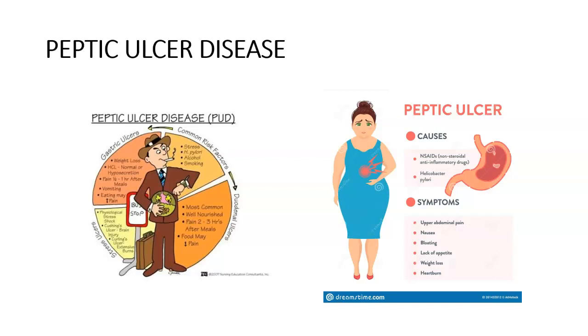Or H2 antagonist. And remember, there's different types of peptic ulcer disease. Don't forget about your stress ulcers, gastric ulcers, duodenum ulcers, and the cause of it.